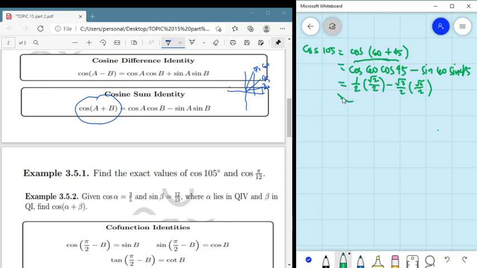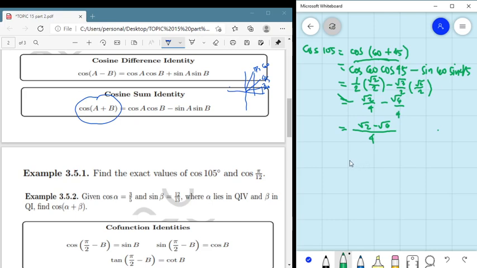So, simplifying, it would be equal to square root of 2 over 4 minus square root of 6 over 4. Since they have the same denominator, we just copy the denominator and combine the numerators: square root of 2 minus square root of 6, all over 4.